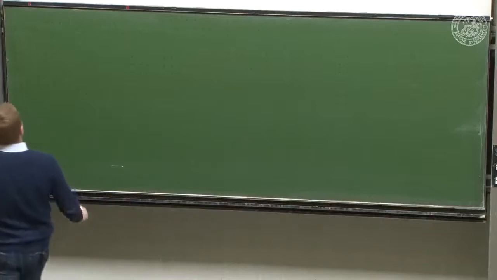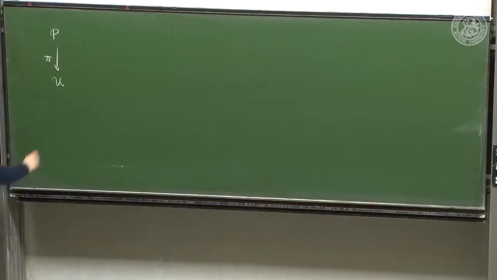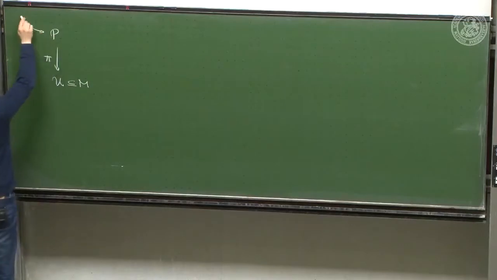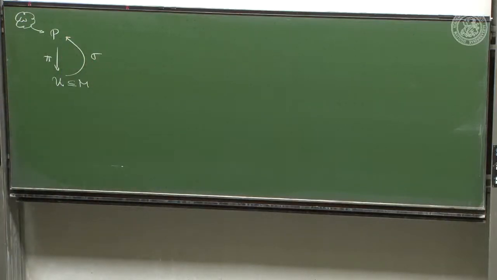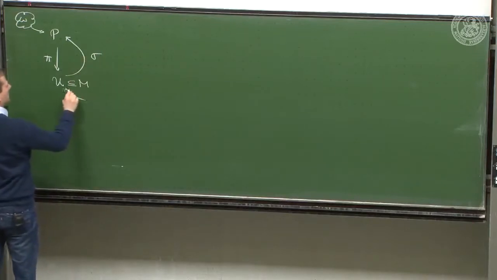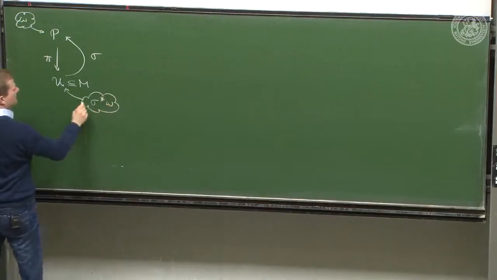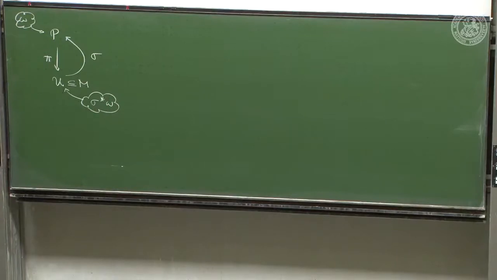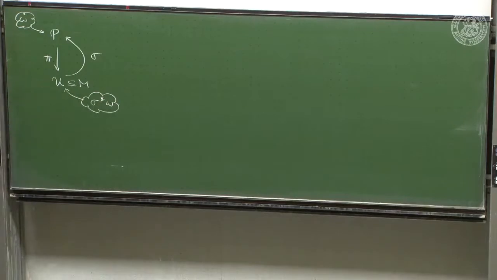Okay, so what we saw is that if we have a connection 1 form on some principal bundle, and we now look at some part of the base manifold. So here we have the connection 1 form. Then by choosing a particular section sigma, we can pull back this connection 1 form to this Yang-Mills field, sigma pullback omega, on the base manifold, and this will be a Lie algebra valued 1 form on this domain.